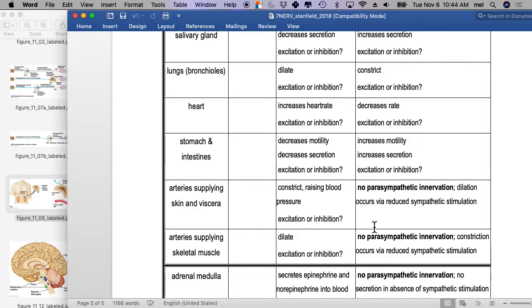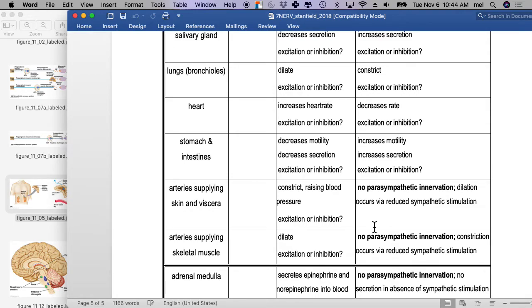See if you can make this make sense to you. The arteries that are supplying your skin and your viscera upon sympathetic stimulation, tiger coming in the room, are going to constrict. Somebody make that make sense to me. Sympathetic stimulation, arteries supplying your skin and your guts are going to constrict. So it's really differential blood flow, right?